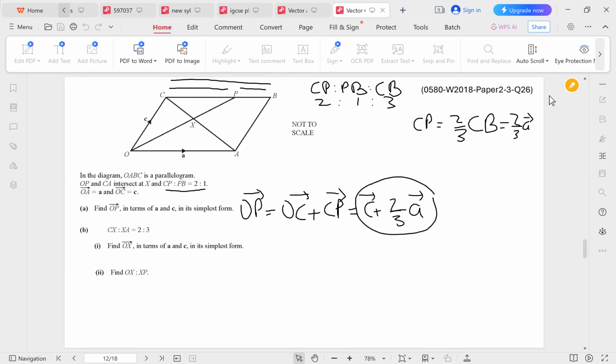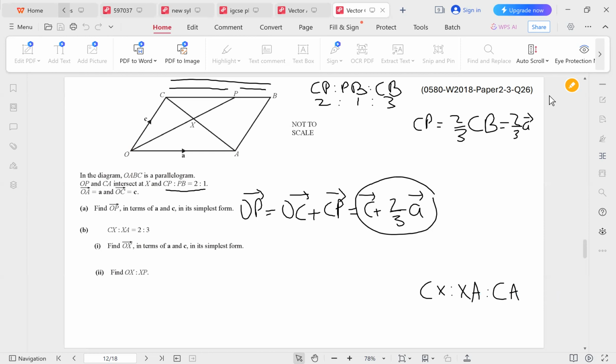In question B, we are told CX is equal to 2 over 3 XA, or CX to XA is equal to 2 to 3. Find OX. So we are given a ratio. Let's use that as well. CX to XA. Of course, the total would be CA.